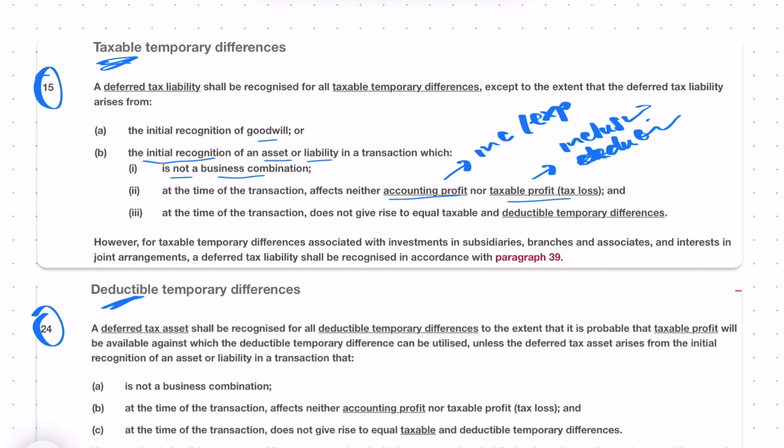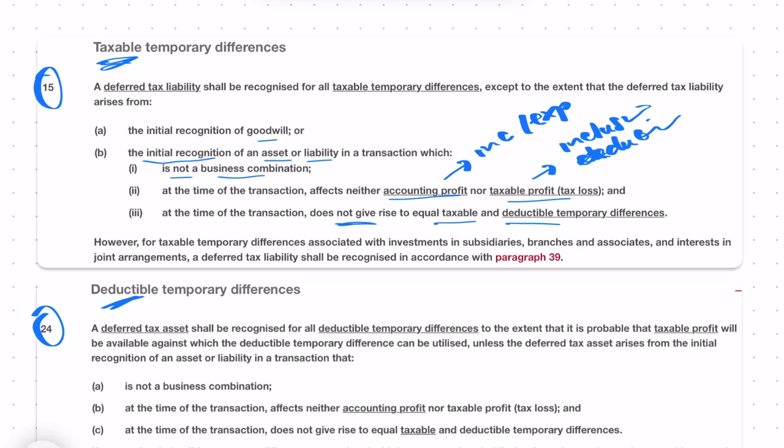Now, the third criterion is that at the time of the transaction, it does not give rise to equal taxable and deductible temporary differences. And so if you are creating an equal deductible temporary difference for your taxable temporary difference that arises, then you are not within the paragraph 15 exemption. Then you have to go and provide for deferred tax.